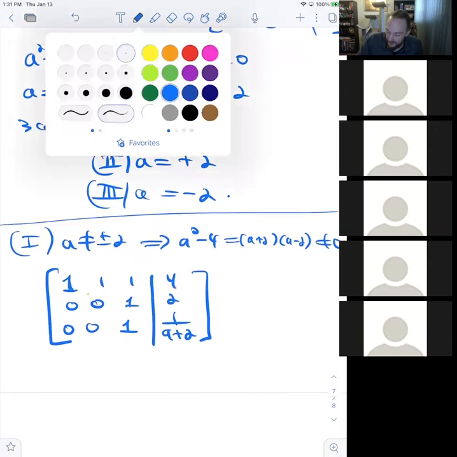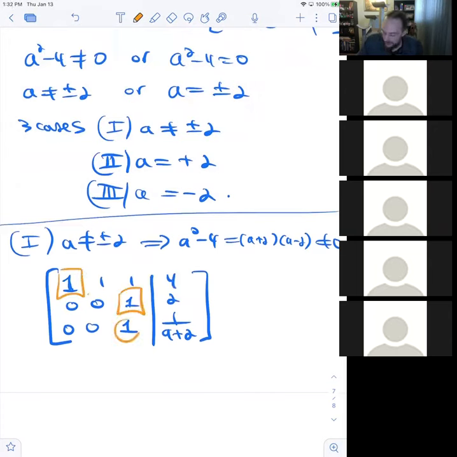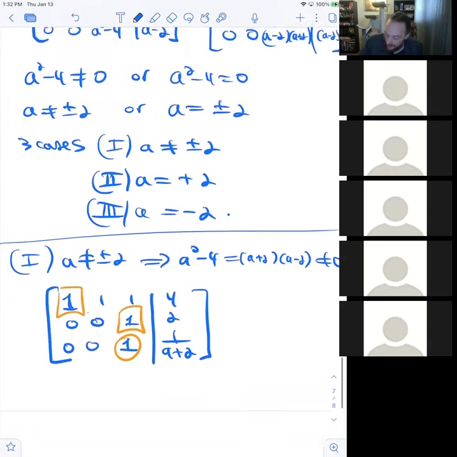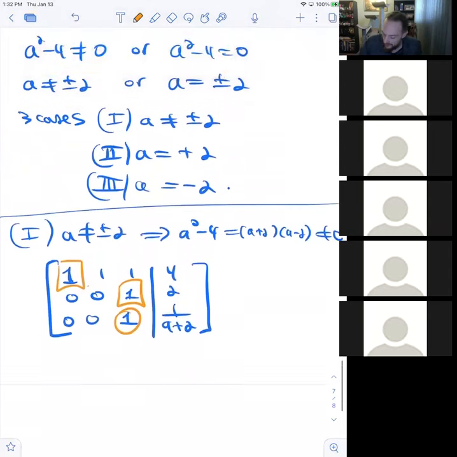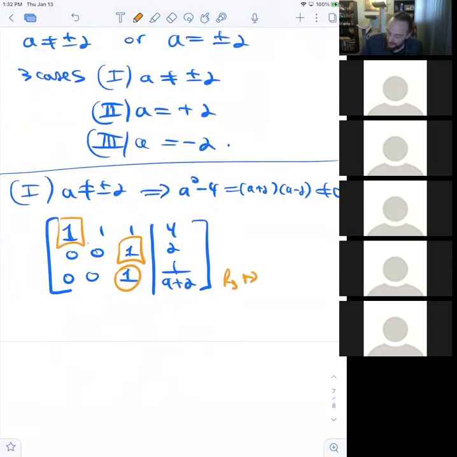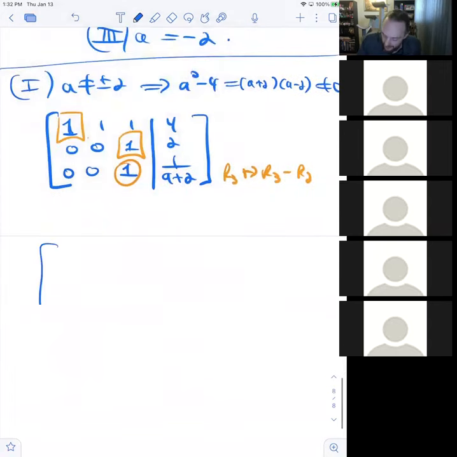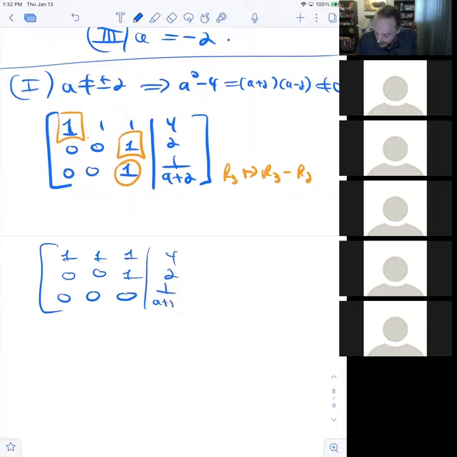So I have now a leading entry, and I have to get rid of the entry below. So what I'm going to do is row 3 goes to row 3 minus row 2. That gives me a new augmented matrix 1, 1, 1, 4, 0, 0, 1, 2, 0, 0, 0, and then 1 over a plus 2 minus 1 over 2, or sorry, minus 2.